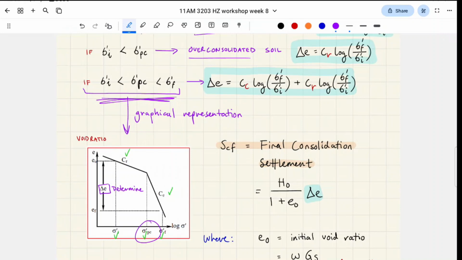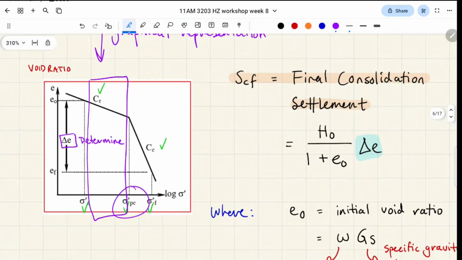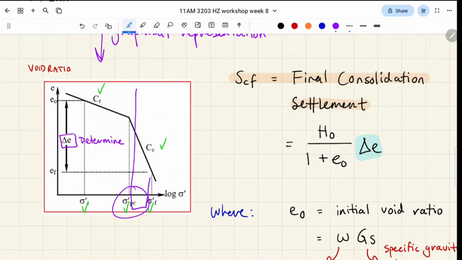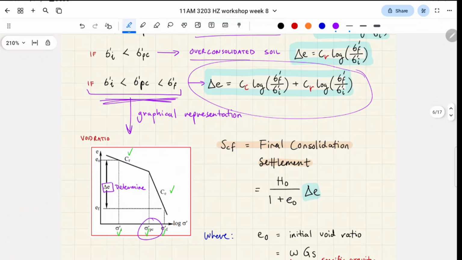That's like the tipping over point for soil. So the idea is if all your calcs fall within this range here, it's normally consolidated. If it's over here, it's over consolidated. But sometimes it can be a mix of both these regions, right? And that's why we need this formula. That's where we have 2 straight lines to work with, because we want the change in void ratio.